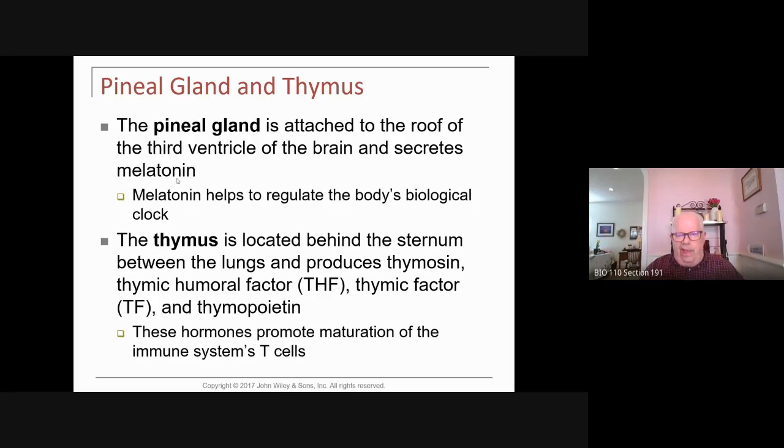Also, in the immune system, the thymus produces a hormone called thymosin. And this hormone allows T cells to mature. Remember, T cells mature in the thymus. They mature because of the hormone thymosin.